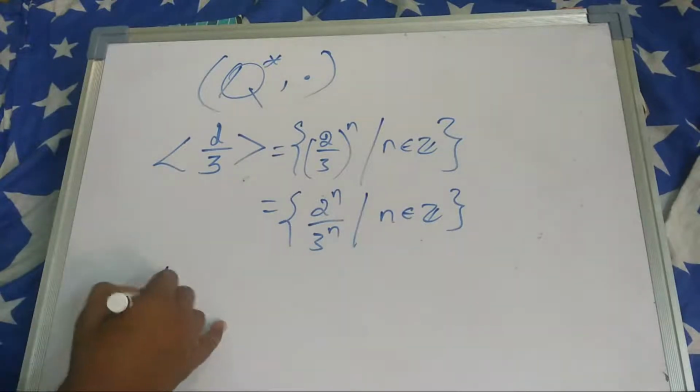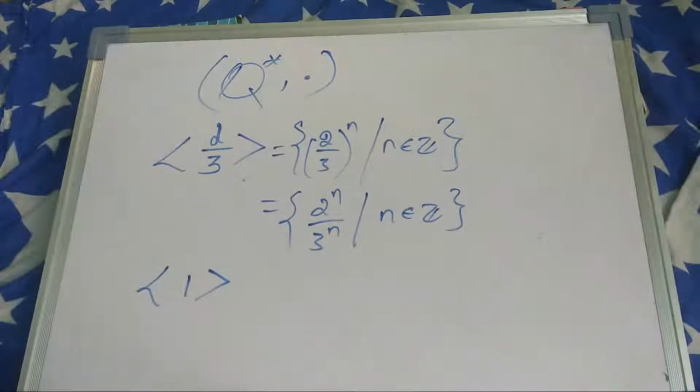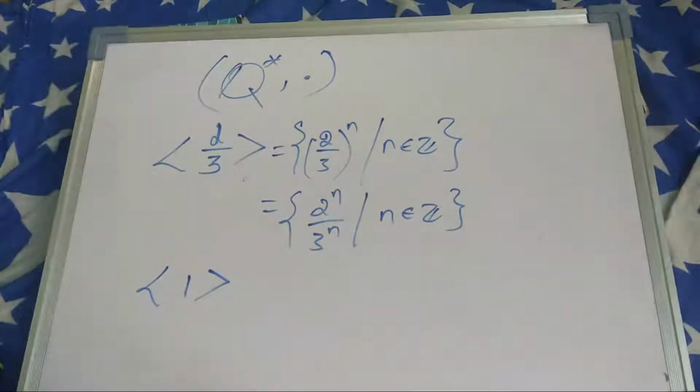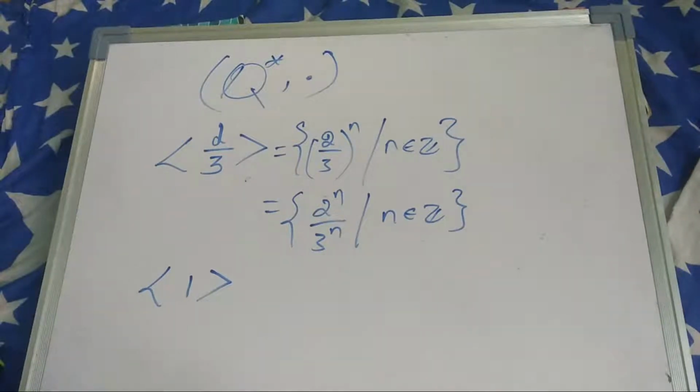Now what is the subgroup generated by 1 here? Okay, Manas and Karpadam, I don't know, everyone has a confusion here. I have clearly defined the set to be Q star under multiplication.